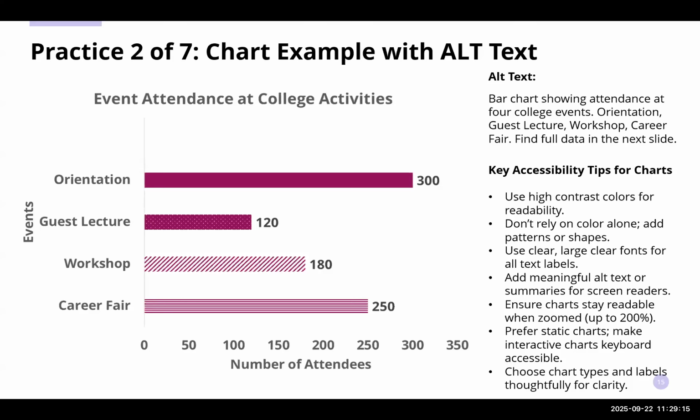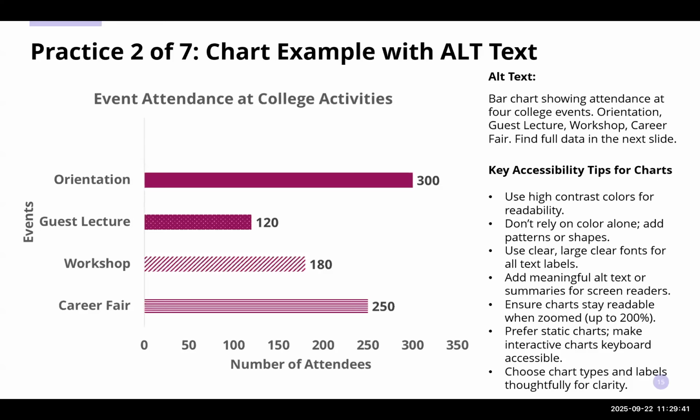And if interactive, make sure it is keyboard accessible, because interactive charts can have a lot of actions to be performed. So make sure that you check that it is accessible via keyboard as well. Choose chart types and labels that are simple and focus on the key message. So do not make it complex, make it clear and simple to understand.